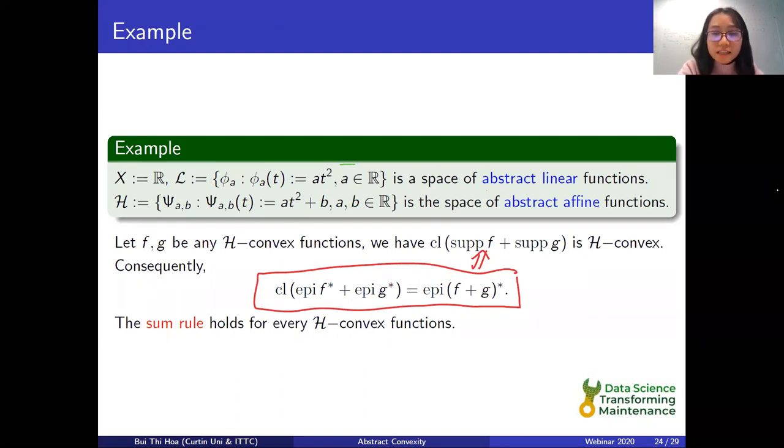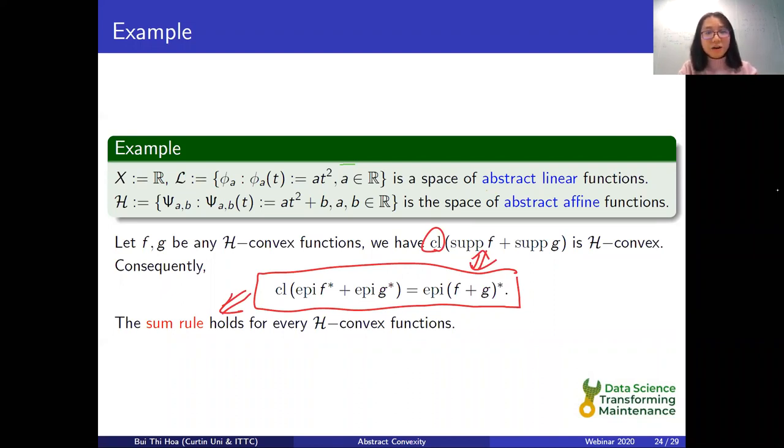So taking the closure of the sum of these two convex functions becomes an H-convex function again. This is similar to the property we have in the standard convex case. From this property, this is equivalent to this property, and then this property implies the sum rule.